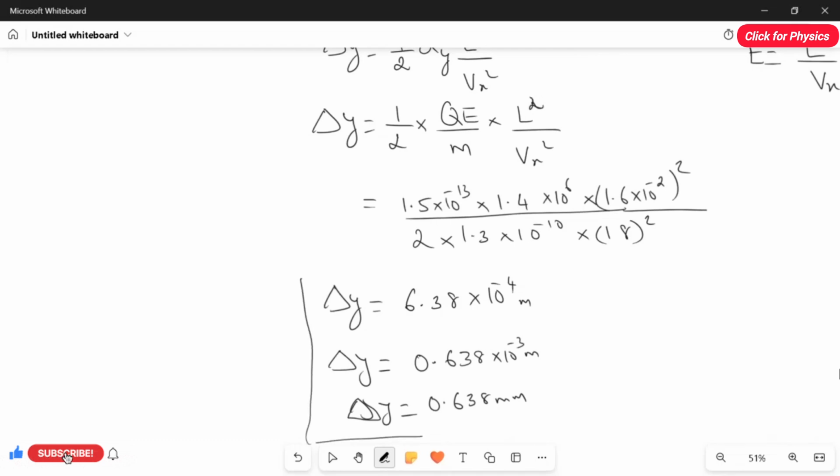So this is the answer. Better I can make a box for the value in terms of millimeter, but you can give the answer here itself. This is more than enough. Clear? That's it. Thank you.